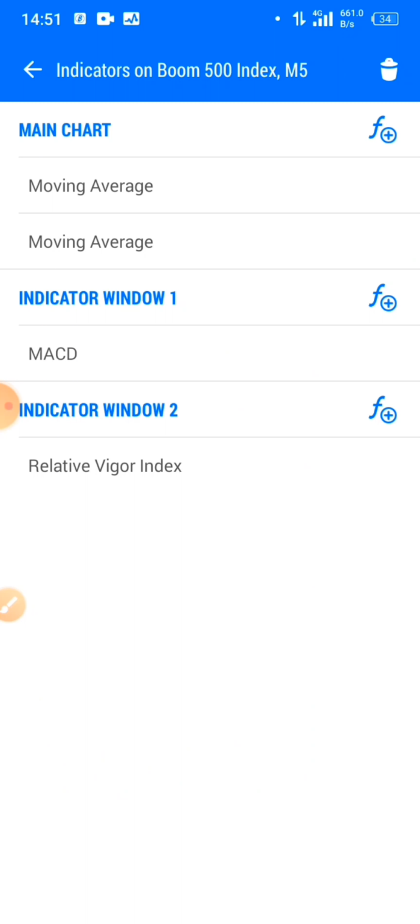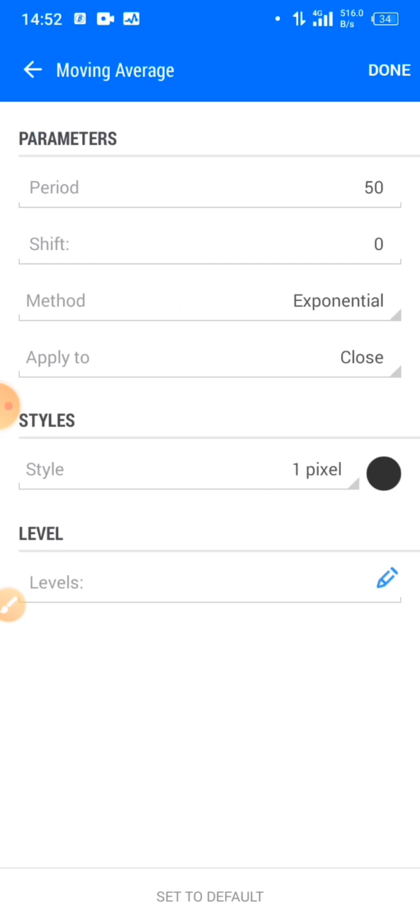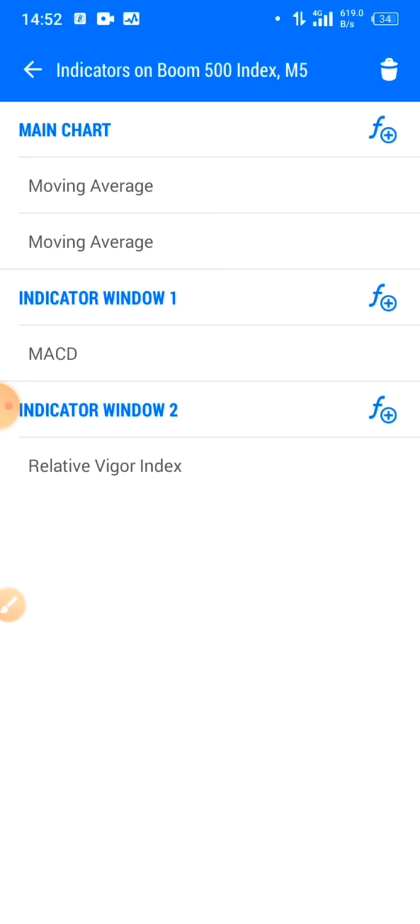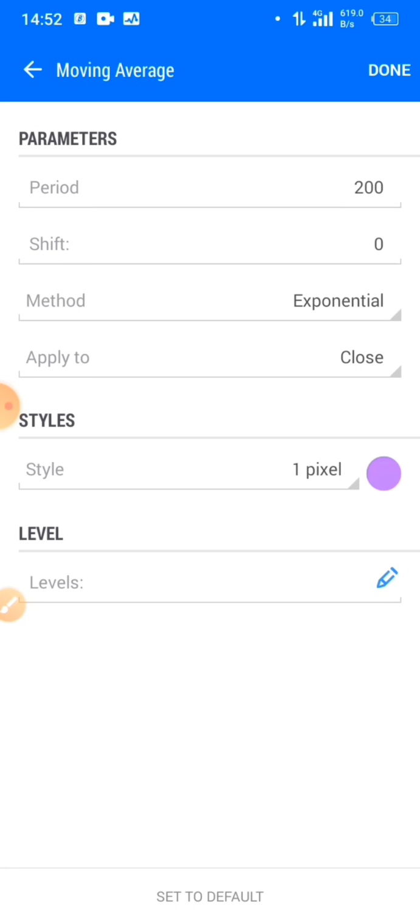Let me first show you the settings for these indicators, then we'll jump into it. Here the first moving average is going to be period 50, shift 0, method exponential, apply to close, style and pixel leg. Then click done. For the second moving average, we're going to be adding period 200, shift 0, method exponential, apply to close.